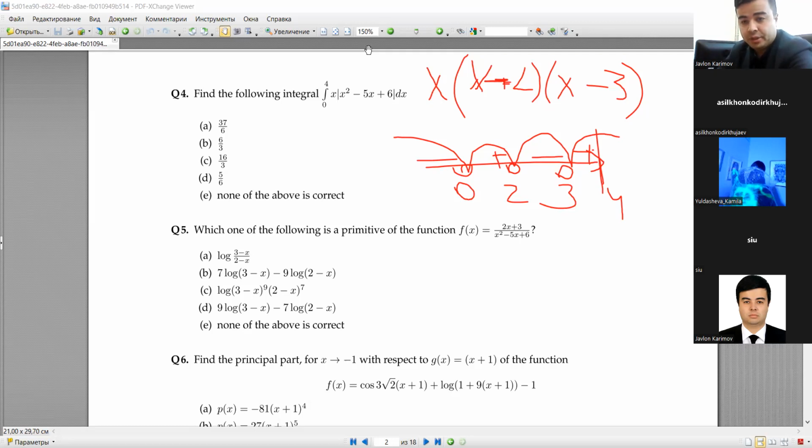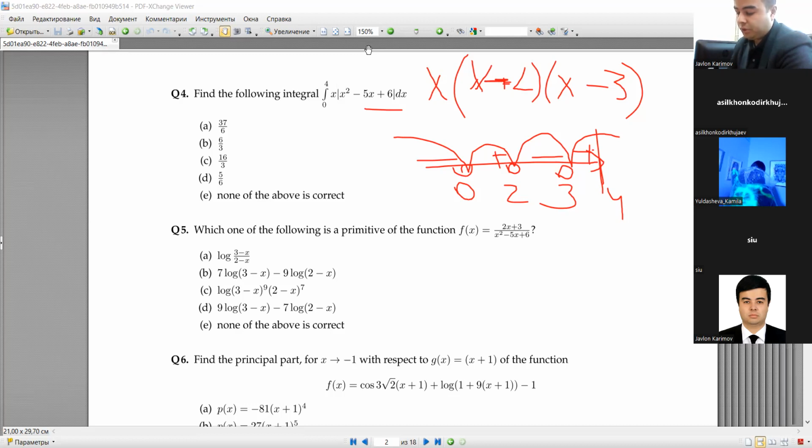We will open this absolute value when it is from 0 till 2, you can put any values here also. For example, if you put 1.5, what do you get here instead of x? So you get a positive value, yes? So that's why here, just open these brackets.